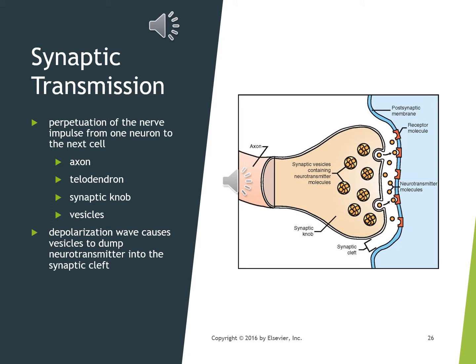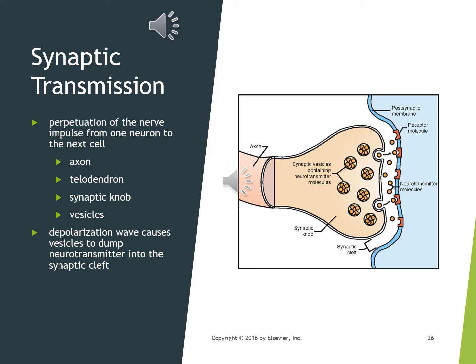So this is basically showing a synaptic transmission where the impulse starts at the neuron and it goes down the axon to the telodendron to the synaptic knob, and then the vesicles end up releasing their neurotransmitters through the end of the knob into the synaptic cleft, so the area that is between the synaptic knob and the next receptor.